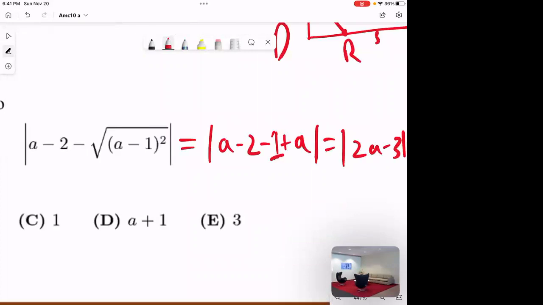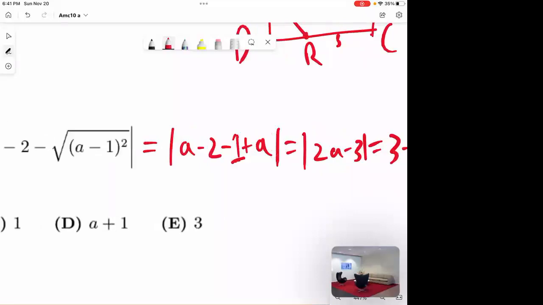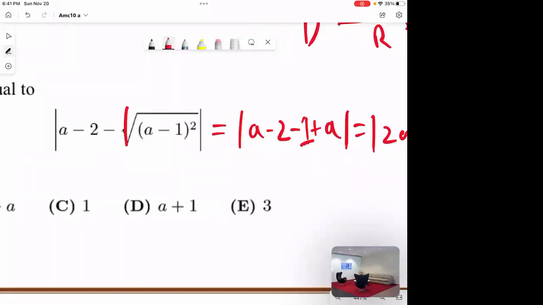So since this right here is a negative number and this square makes it a positive number, and then we square root it, which is still a positive number, then it's going to be the negative of A minus 1, right? So A minus 1 squared, square root of that, when A minus 1 is negative, is equal to, so this thing right here is equal to 1 minus A, right?